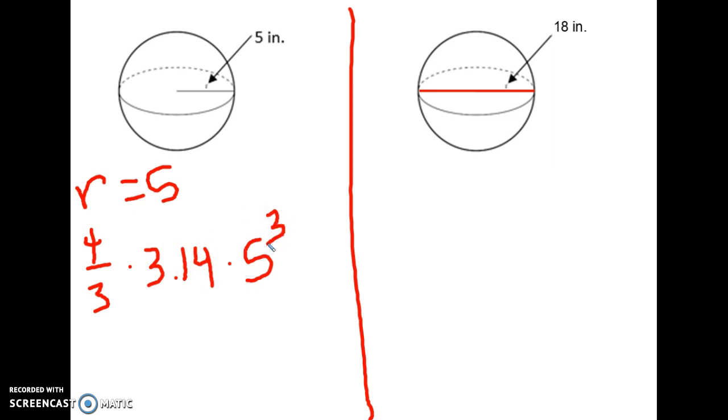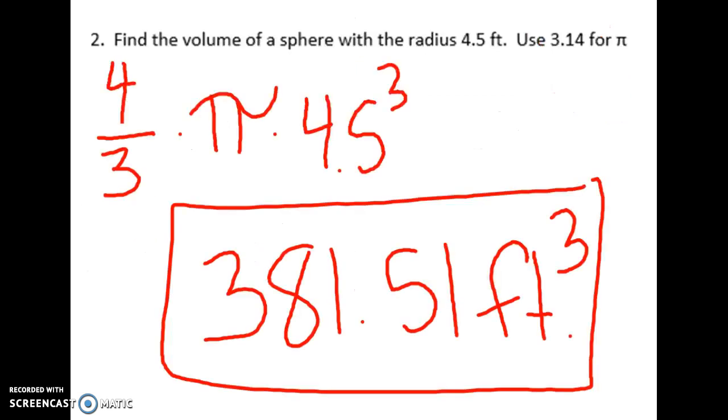But notice in my second example, they didn't give me the radius, they gave me the diameter. So we know from previous lessons that the diameter needs to be divided by 2 in order to find the radius.